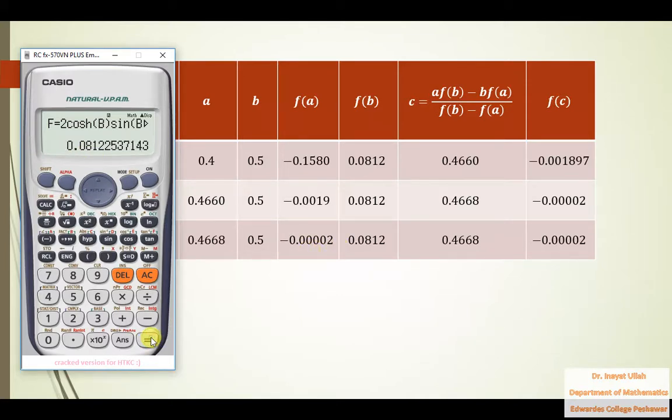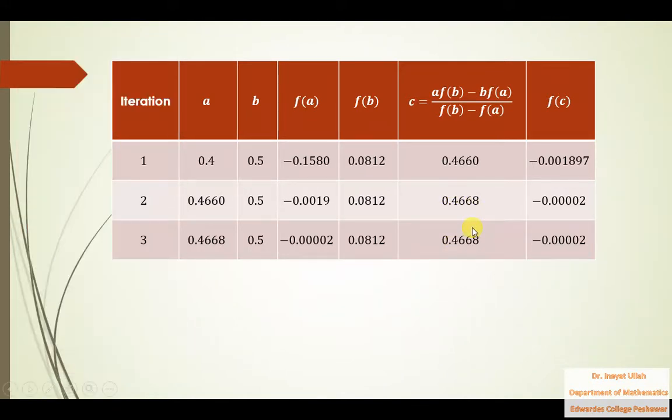Then equal sign, f is 0.0812 up to 4 decimal places, C is minus 0.4668, and again this is f of C, which is minus 0.000974.